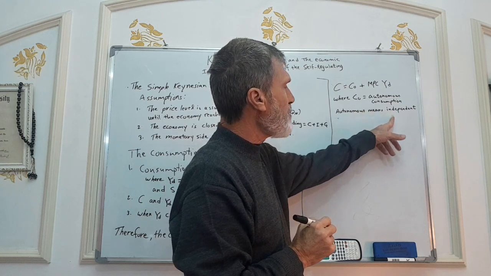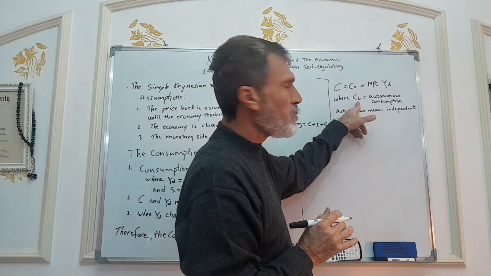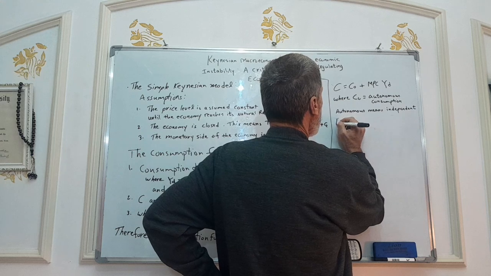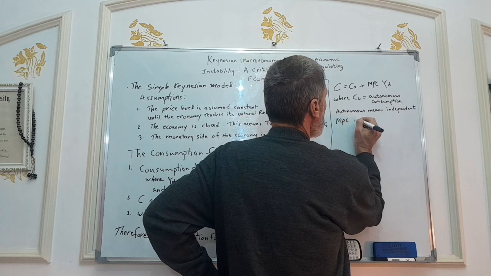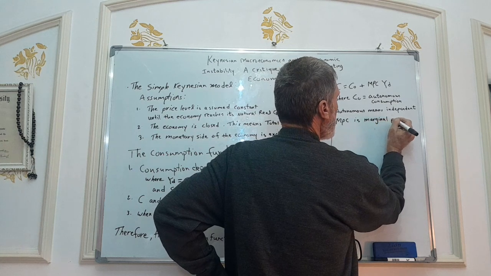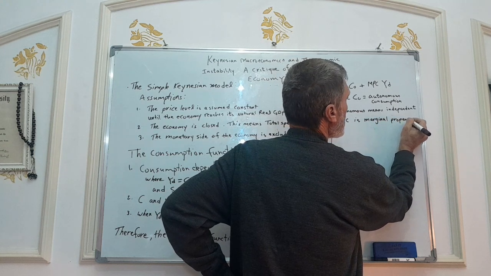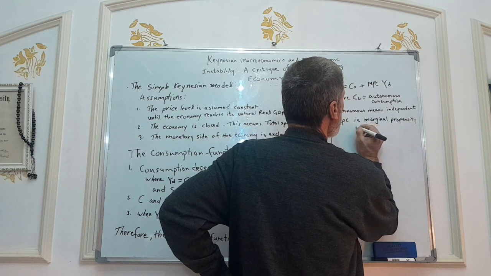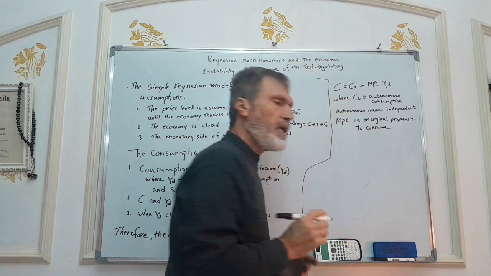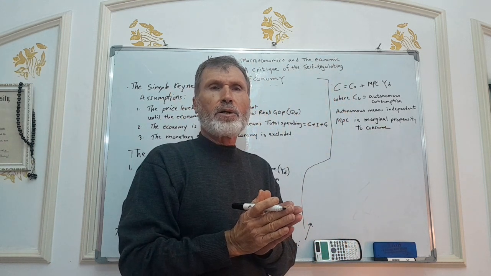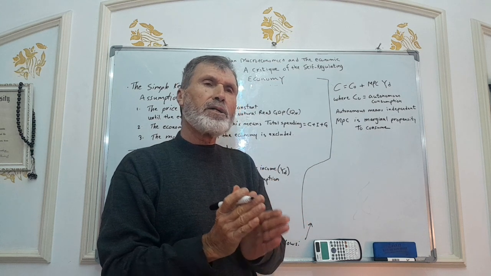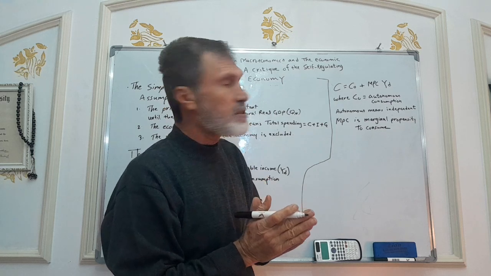Now, MPC is the marginal propensity to consume, which is the ratio of the change in consumption over the change in disposable income.